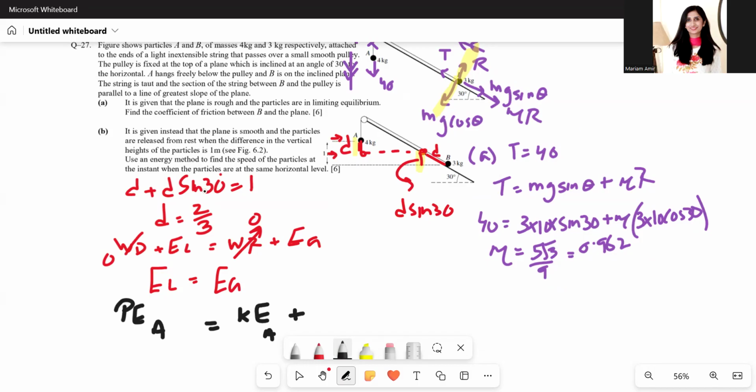Plus, looking at B, the potential energy is also increasing because it's going up, its height is increasing. So the potential energy of B also increases, plus the kinetic energy of B is also increasing because initially the particle was at rest and as it goes up, it accelerates. So there's one energy loss, which is the potential energy at A, and three energy gains: the kinetic energy at A, the kinetic energy at B, and the potential energy at B.